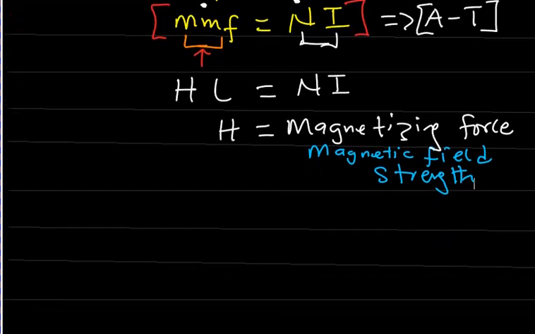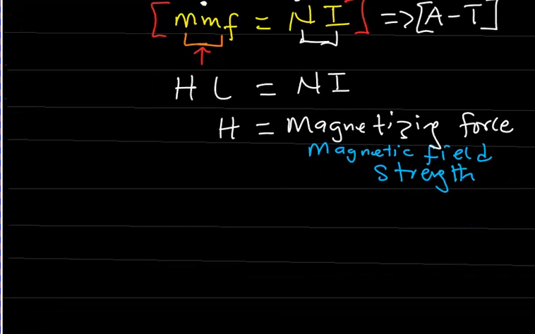The SI unit of magnetic field strength is magnetic force per unit pole. Magnetizing force or magnetic field strength is magnetic force in Newton per unit pole.